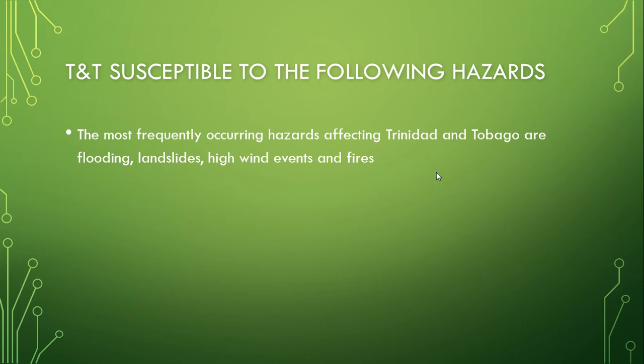But what I also want you to note is, even though these are the most frequently occurring hazards, as we have already seen in the previous slide, that we are still vulnerable to many other types of hazards, even though they may not be occurring in the frequency that these listed on this slide have been identified.